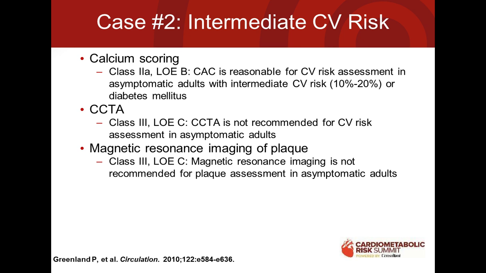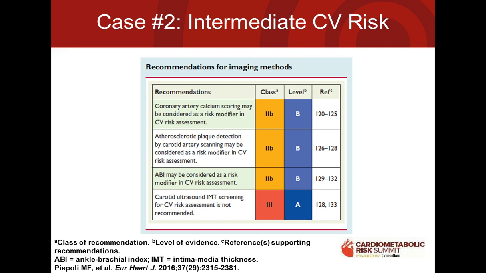Calcium scoring has a 2A recommendation now for intermediate risks. So that's one of the better, stronger recommendations within the guidelines. CCTA is not recommended. MRI of plaque is not recommended. These are from the European guidelines, which again you'll see a lot of 2B recommendations there, and they actually give carotid ultrasound a class 3 do not do recommendation.